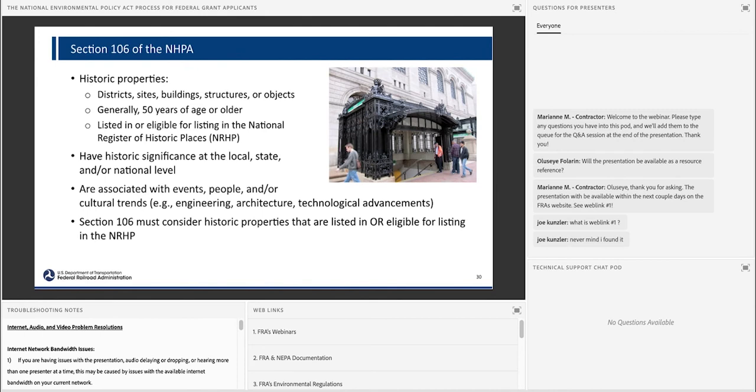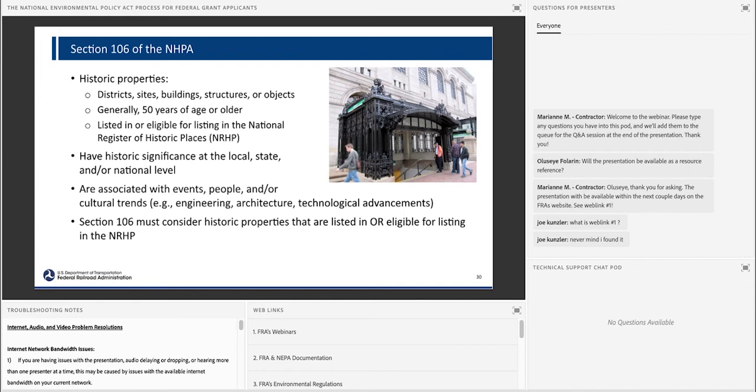A little bit more about the process and what's protected under Section 106 of the National Historic Preservation Act. The term historic properties, I want folks to think about, is a broad category of properties that may be considered historic: districts, sites, buildings, structures.